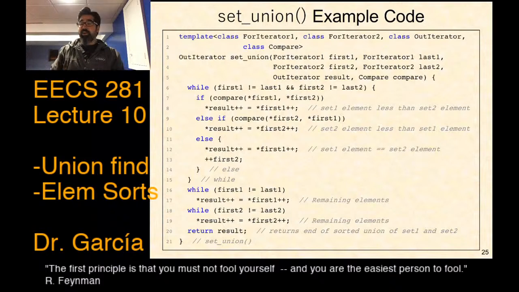This code goes over the example that I went over last time. It executes the example quite nicely, so I'll let you look through the code and play around with it. It's interesting, generalized templated code.